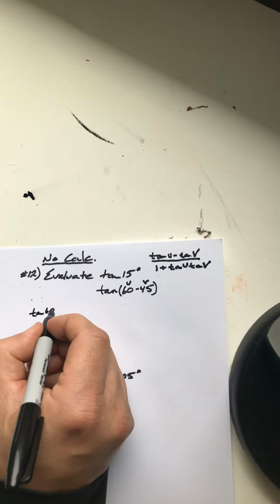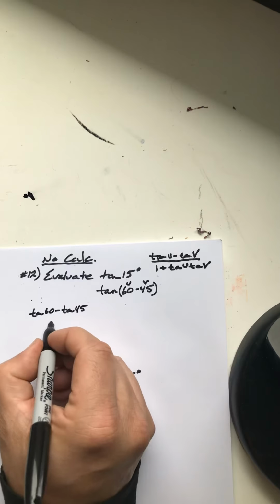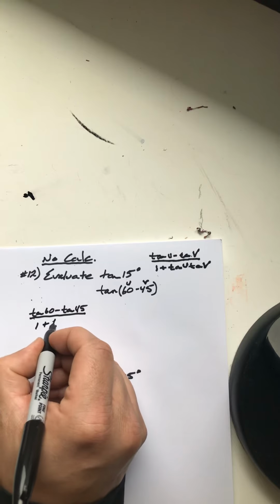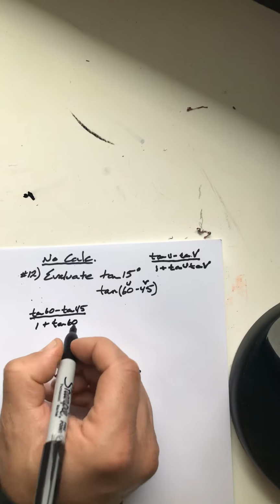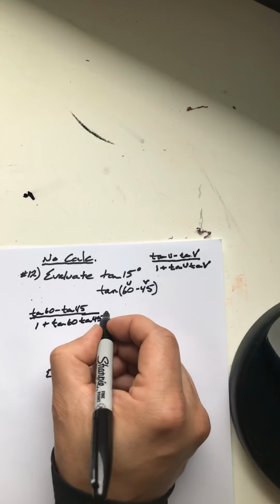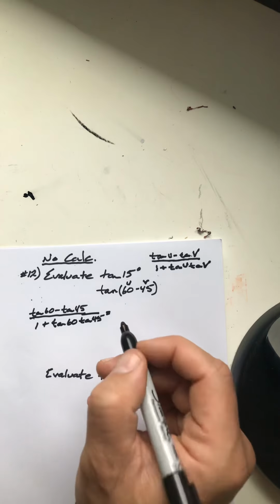Tan of 60 minus tan of 45 divided by 1 plus tan of 60 times the tan of 45. And then it's just a matter of substituting. So we go to our unit circle graphic.